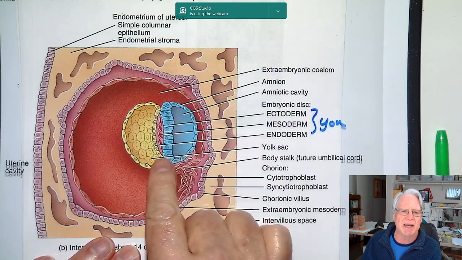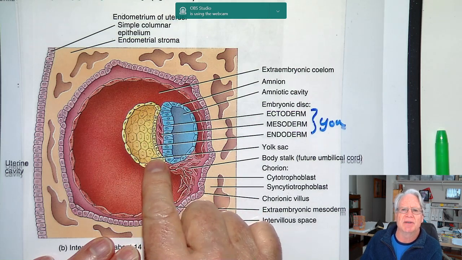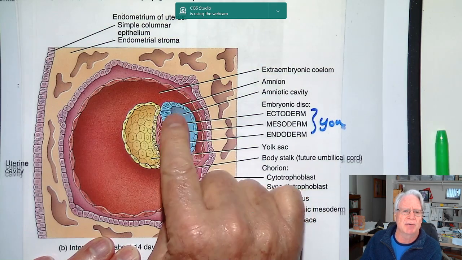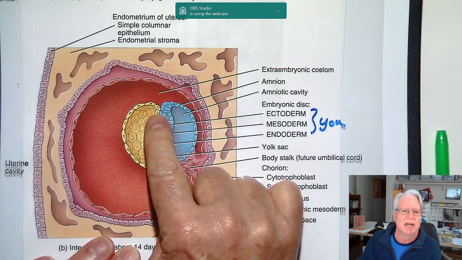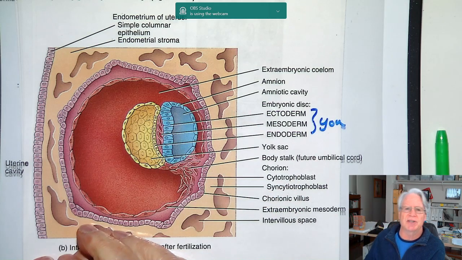We have the yolk sac, that's in yellow. We have the amniotic cavity, that's this blue space right here. But in between those two spaces, we have these three layers of cells, and that's your primary germ layers, ectoderm, mesoderm, and endoderm. And that's what you're going to grow out of. So this is what you're going to look like.